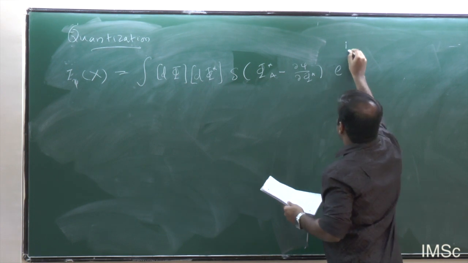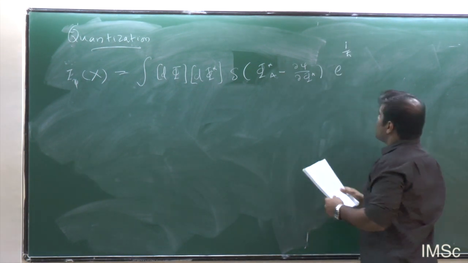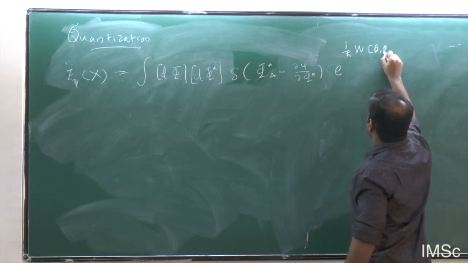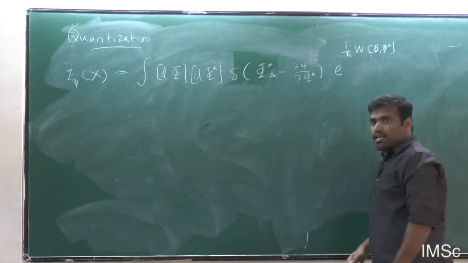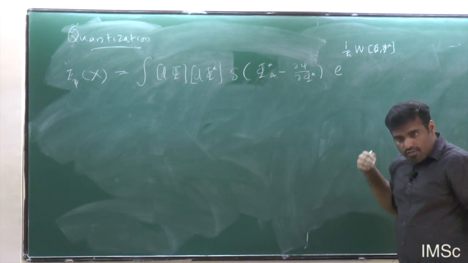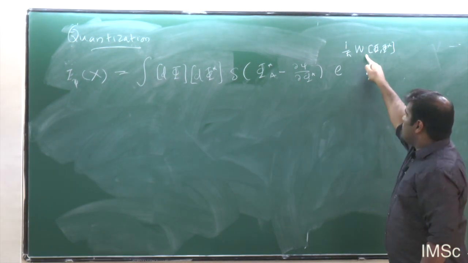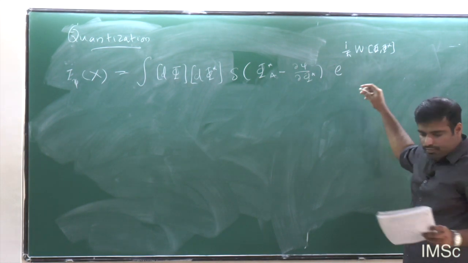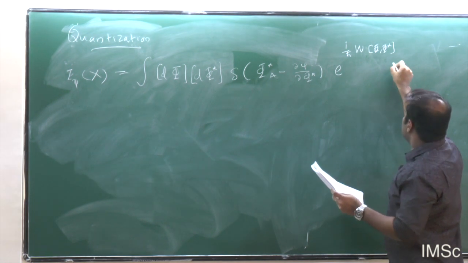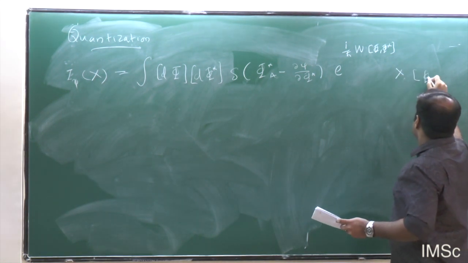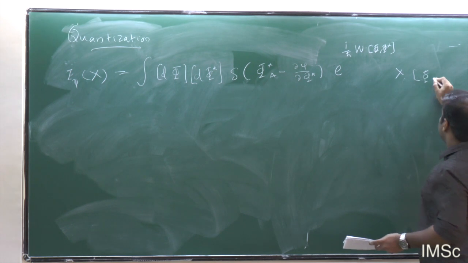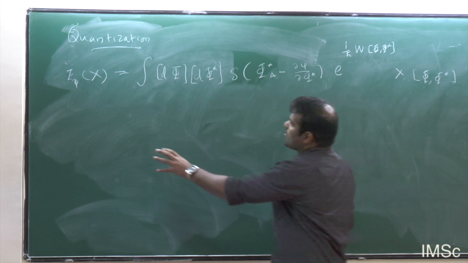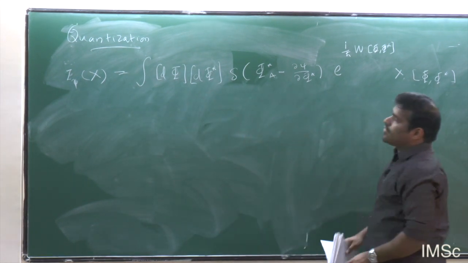Then you have the action in your exponent. Now here, instead of using the classical master action, you have to introduce a modified master action W. I haven't defined what exactly W is, but I will define it. Then you have the insertion, which is the functional of field and anti-field. So this is the definition for your gauge fixed path integral.